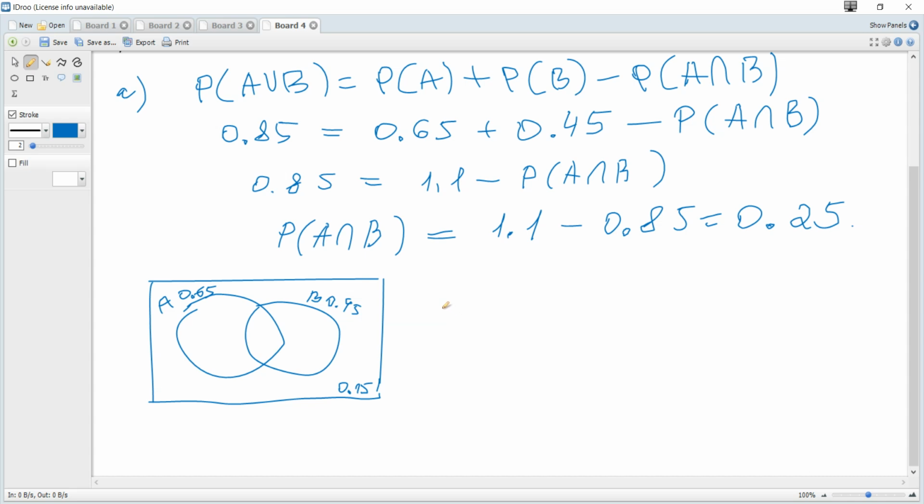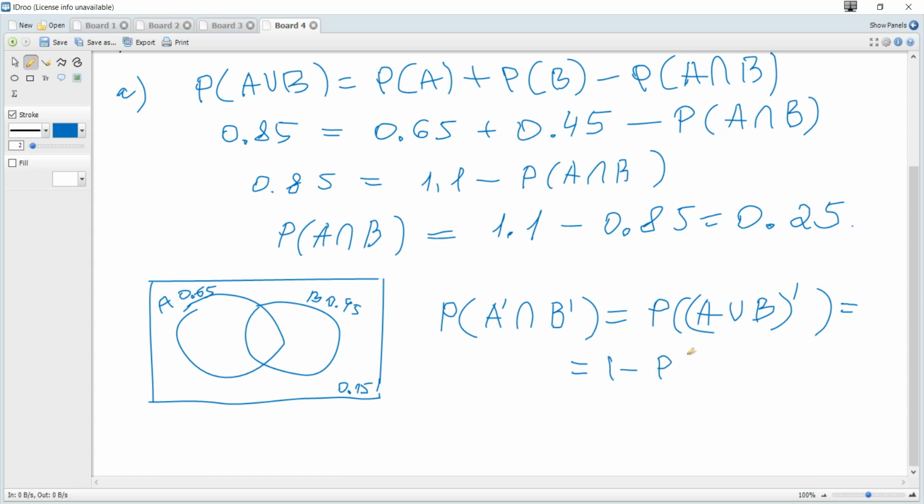And actually there is a formula that may be useful: at the same time not A and not B, it's neither, it's outside the circles, here. And it is equal to A or B within circles and then not, which means 1 minus probability of A or B. It's 1 minus 0.85, which is 0.15.